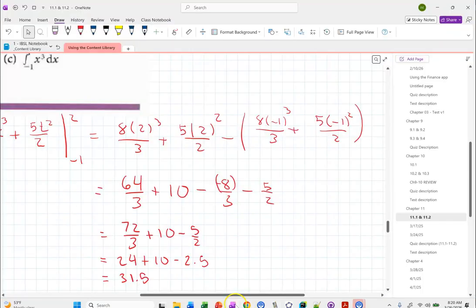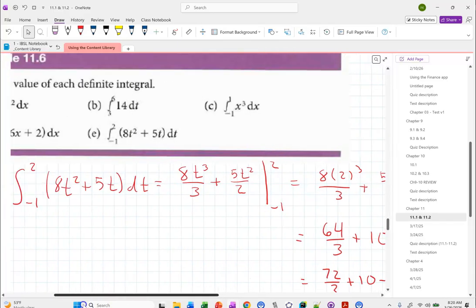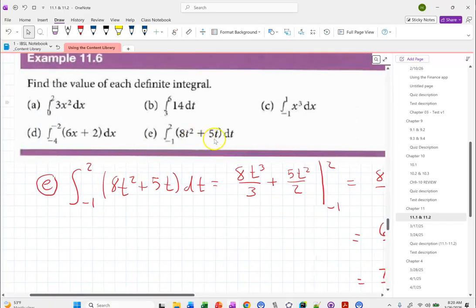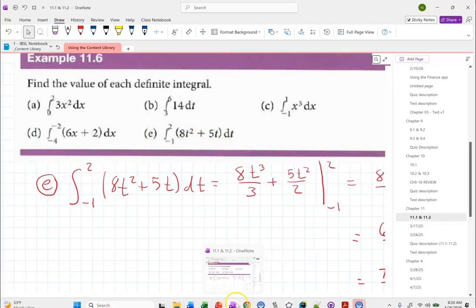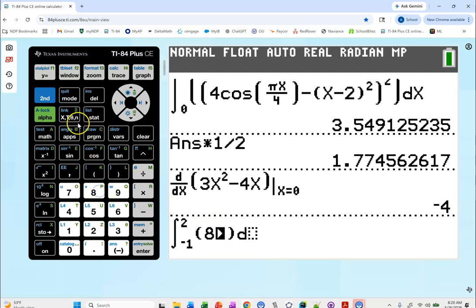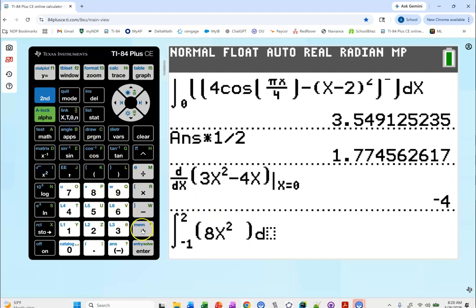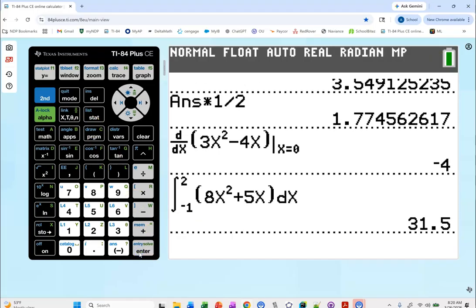And now I'm just going to type in the problem, just like it looked on my sheet of paper. I forget what the problem was. Go back and look here. 8x squared plus 5x. Thank you. So basically, I just type into my calculator exactly like it looks on my sheet of paper and press enter, and out she spits.